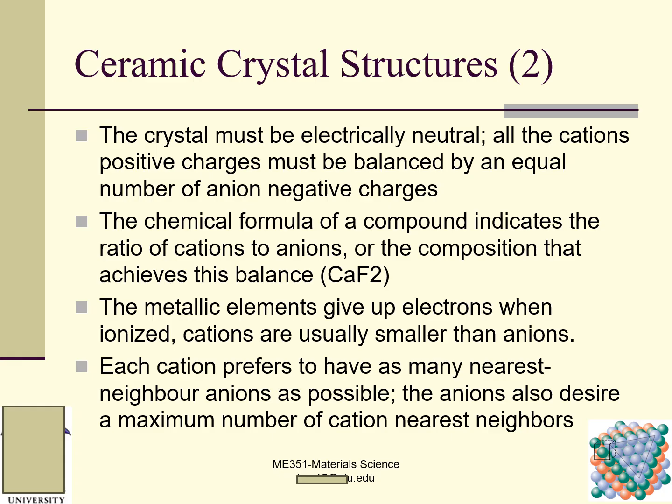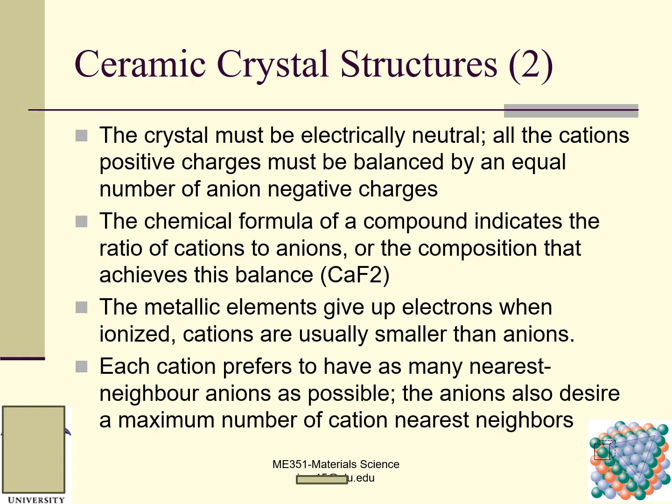So the metallic elements give up electrons and are ionized. Ionized means there's a transformation from atom to ion. So cations are usually smaller than anions.